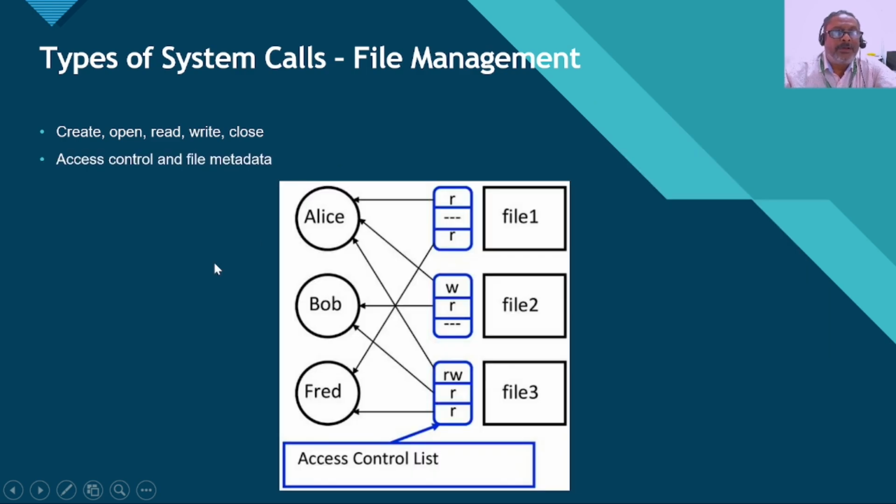Then these files do require access control, and we can provide three types of access control. We can provide a user only read access, or write access, or execute access. So we can allow some user to read a file, or we can allow someone to write onto the file or modify the file, or even allow someone to execute the file.